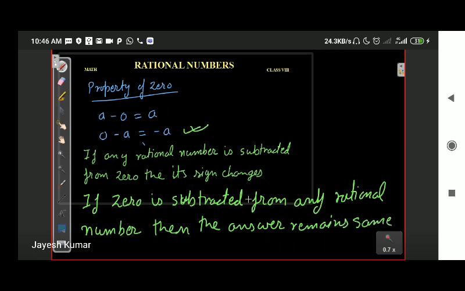Okay, you can write these down as well. A minus 0, you will get the same answer. 0 minus A, the answer is different, the answer is changed.